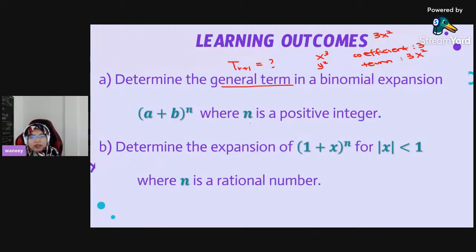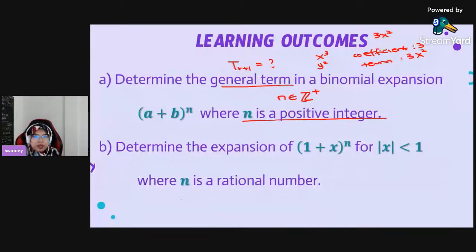Okay, so that is the first formula that we learned, where n is a positive integer. And then the second formula for the binomial expansion is the expansion of (1 + x)^n for absolute value of x less than 1, where n is a rational number.